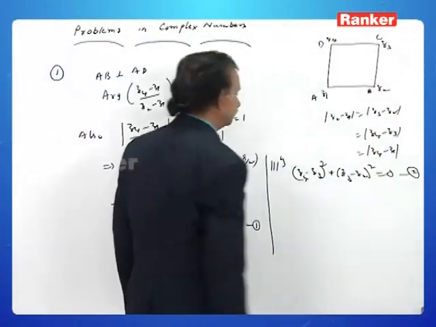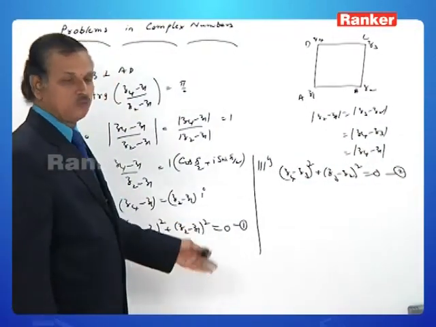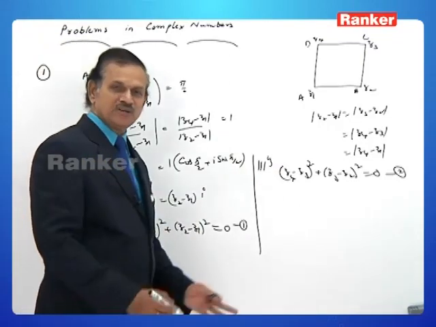Call this 2. Now you expand each whole square involved in the equations 1 and 2 and add them.